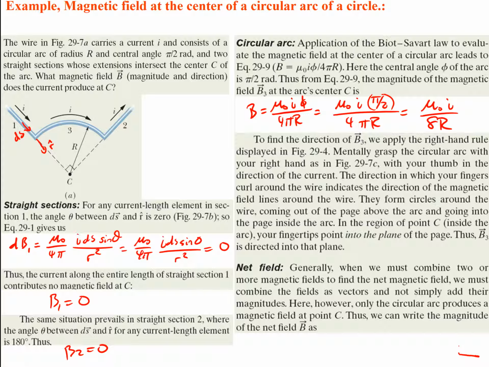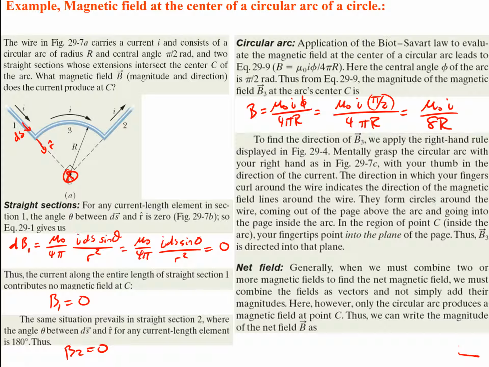And we can see that when we do that, at point C, the fingertips are going to point into the plane. So now we know the direction of our magnetic field at that point.